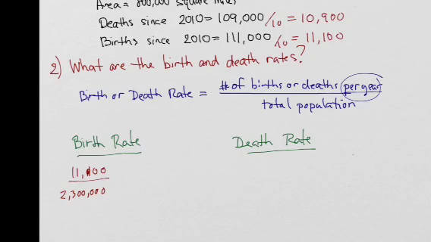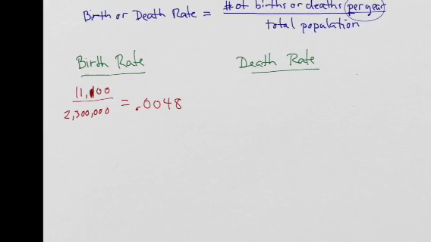I end up with 0.0048. Now, there are two things we do with that particular number. One thing we can do is take that decimal and move it two spaces to the right and say that we have a 0.48% birth rate.